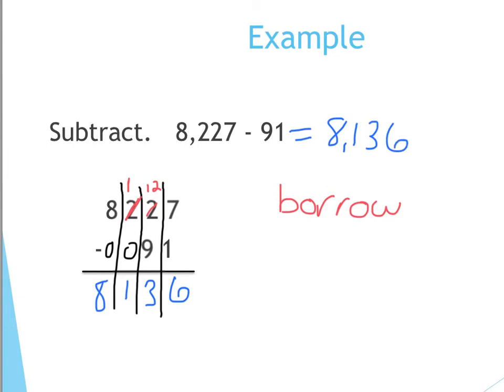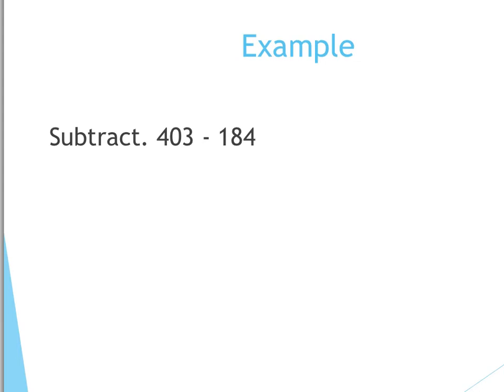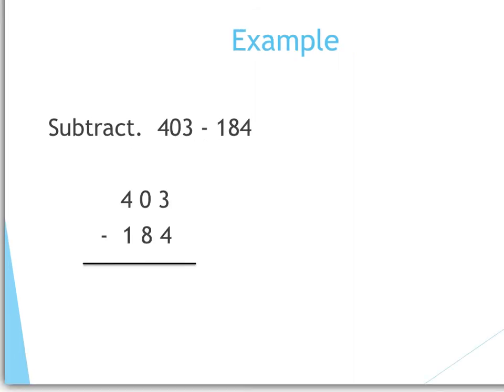Let's look at one more example. We have 403 minus 184. Let's write them vertically and make sure that we've got them lined up, which we do. And I'm going to scoot that line over just a little bit so that I have a little bit more space.